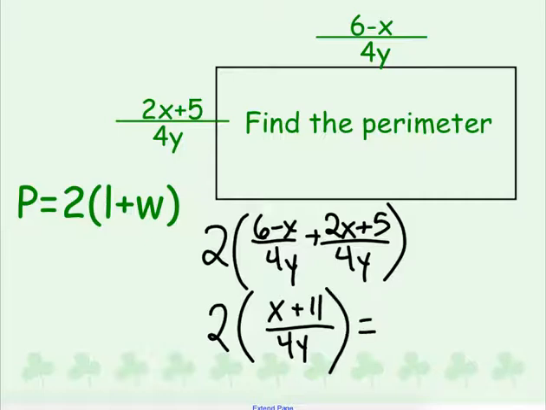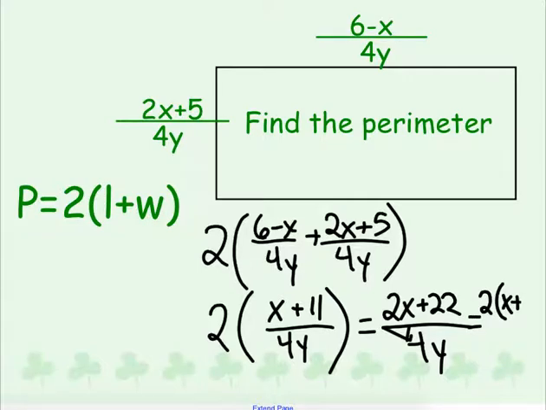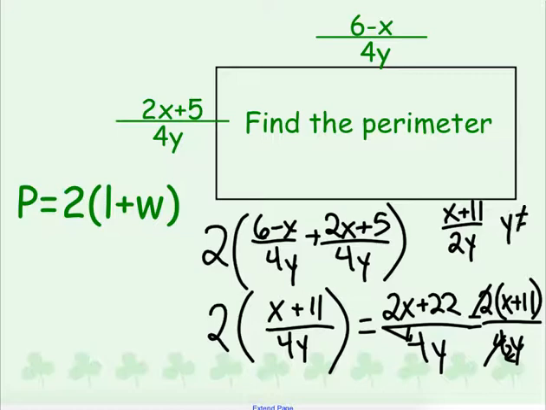And then I'm going to multiply out to get 2x plus 22 over 4y. And I can simplify a little bit by factoring out a 2, so I have x plus 11 over 4y, so 2 and 4 can simplify. So I have x plus 11 over 2y, and y cannot be 0.